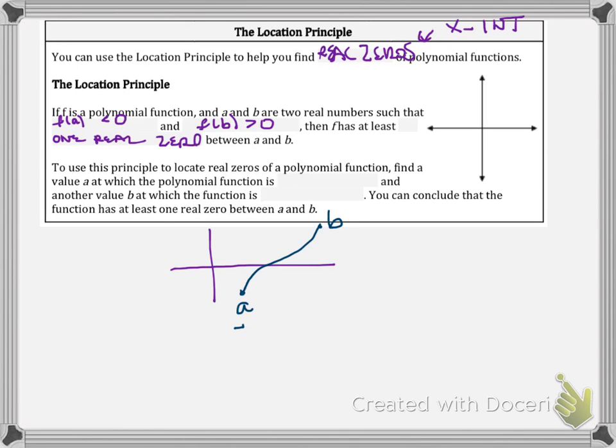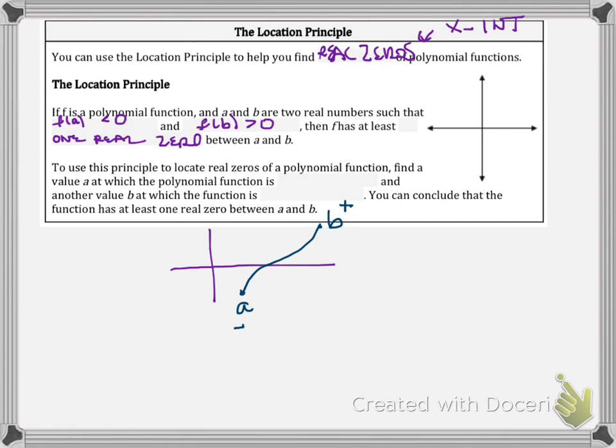If the y value is negative here and the y value is positive here, the graph will have to pass through the x-axis in order to finish. So if there is a point in the negative and a point in the positive, then there has to be one real zero.